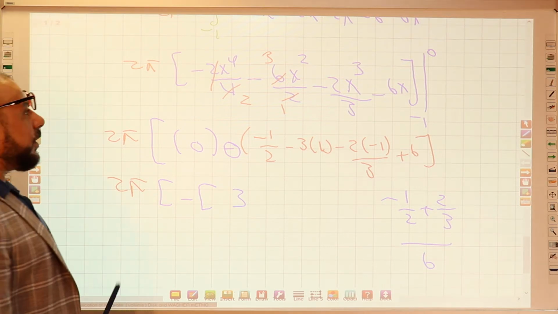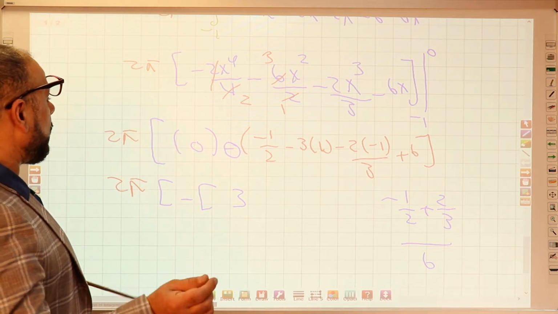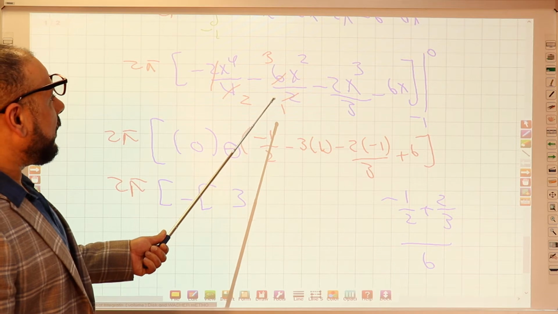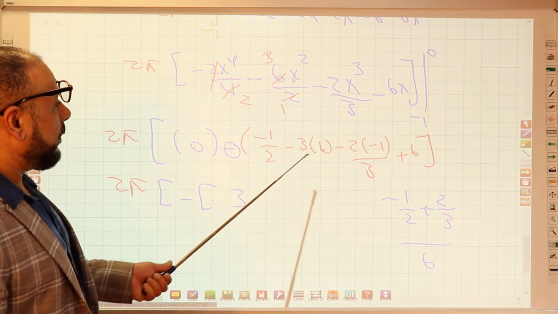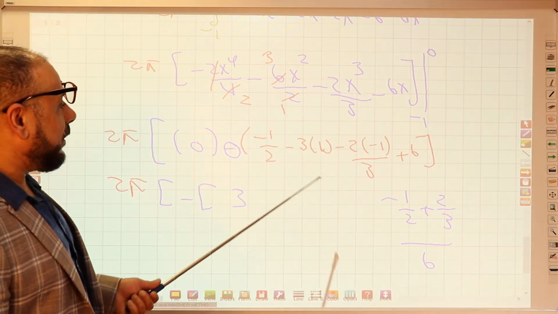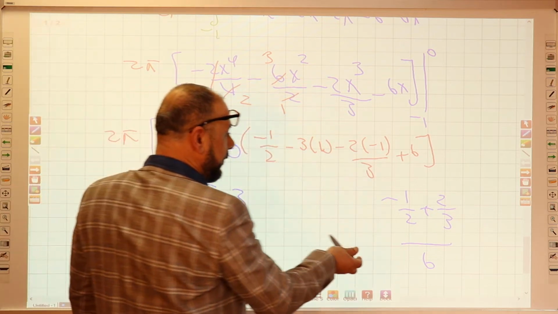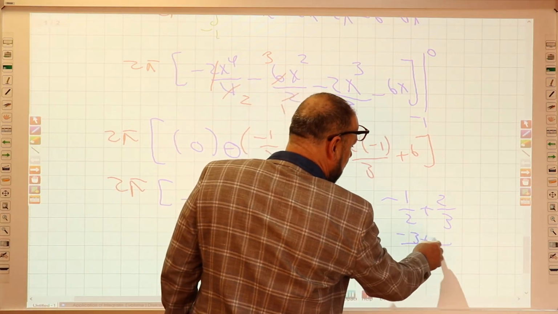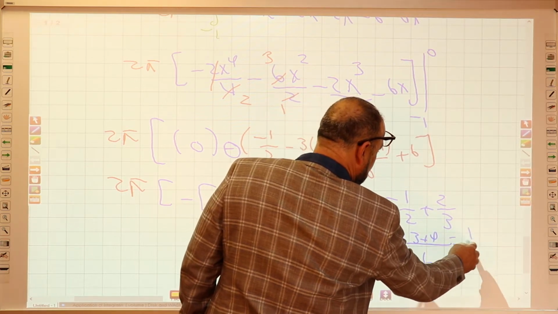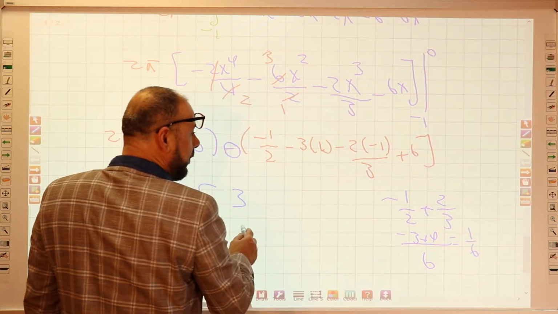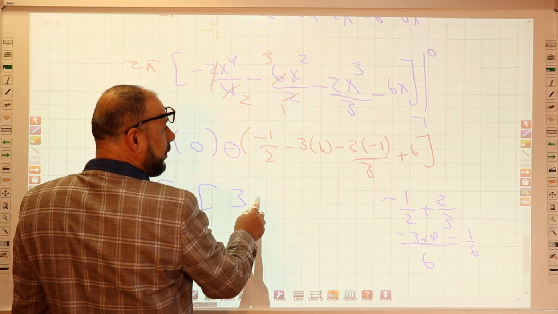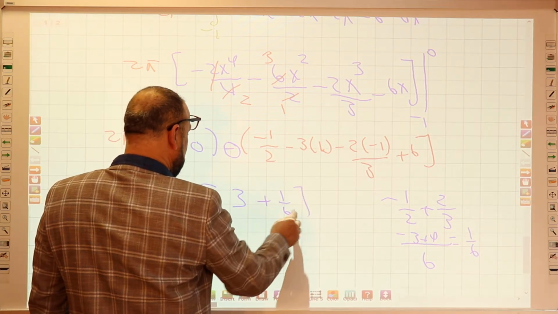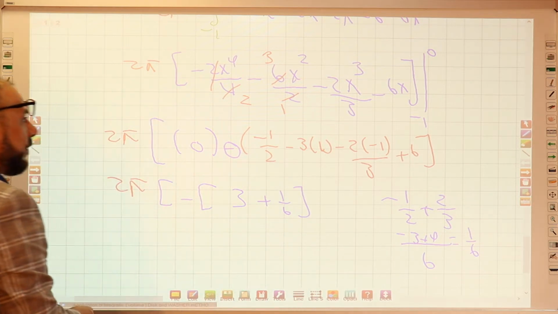Okay, negative 1/2 minus 3 minus 2 plus 3, equal what here? Negative 3 plus 4, right? Then 1 over 6, plus 1 over 6, and you finish it from here.